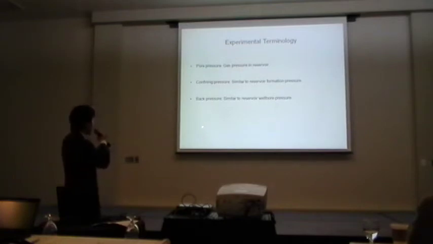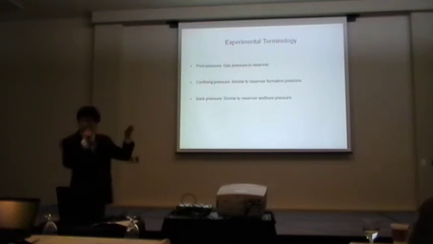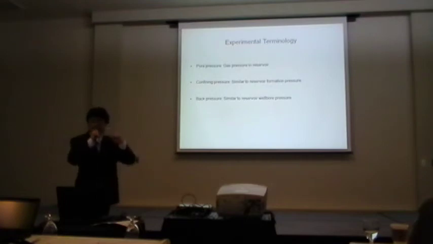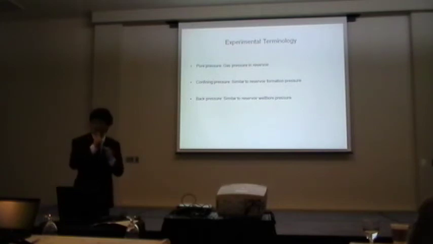Finally, we have this back pressure, which is the reservoir wellbore pressure. So if we can control the wellbore pressure, and we deplete the gas to it, we have different compaction rates, and so a different production rate.